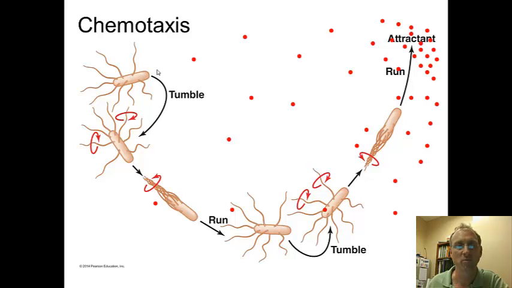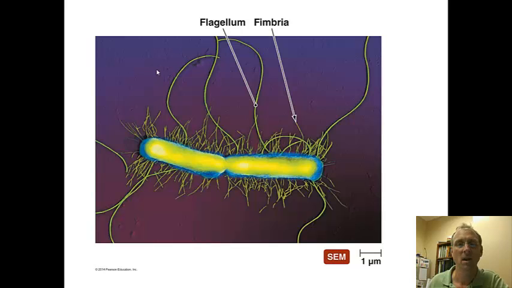This tumble movement is alternated with running movement, where all the flagella spin in unison, propelling the organism into a single direction. As the organism moves towards a chemoattractant, the number of runs becomes more frequent than the number of tumbles, resulting in the movement of the microorganism gradually towards the attractive chemical.